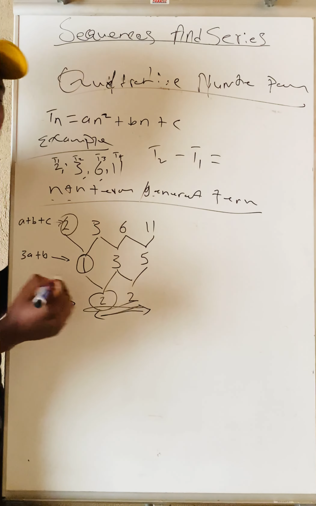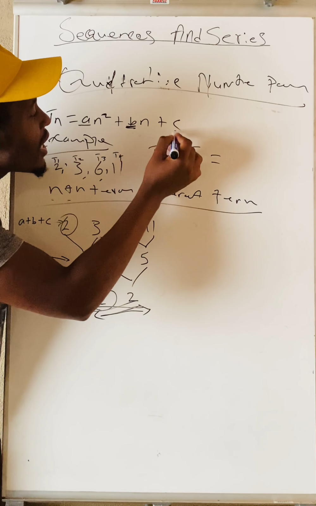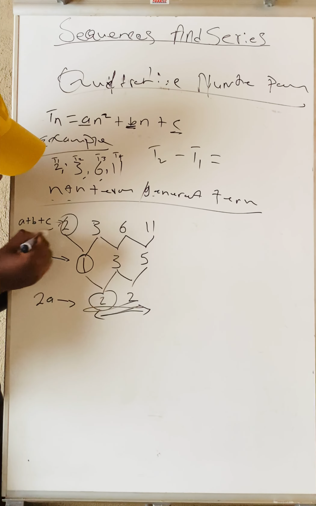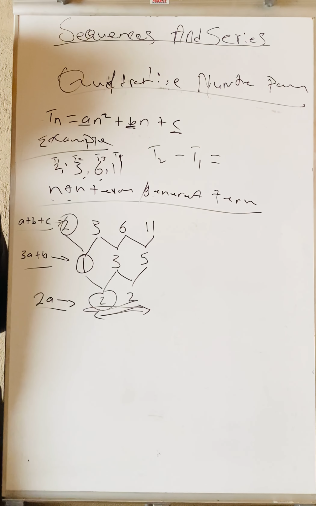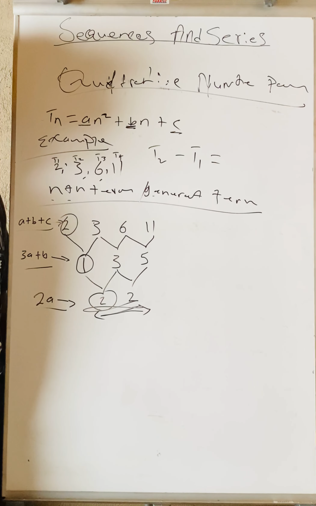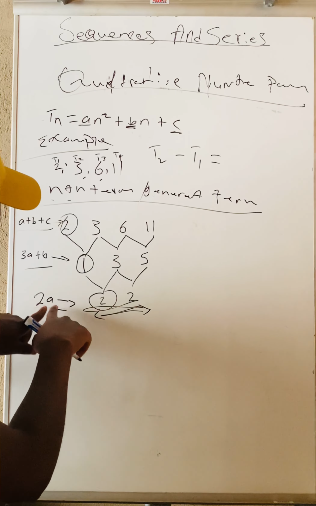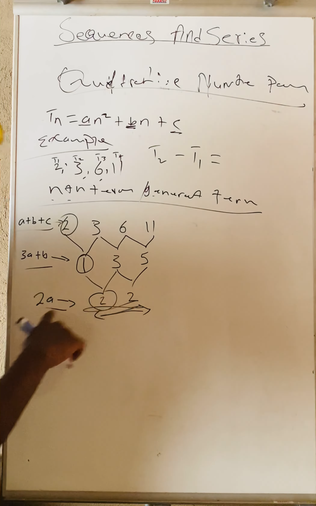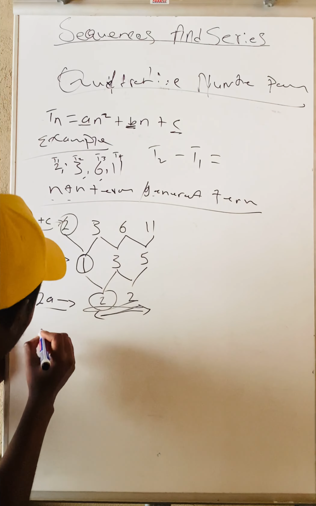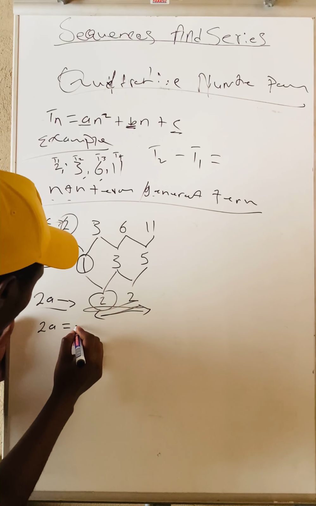Firstly, you need to determine what A, B and C are. By using these formulas, you will get those variables. Then you can determine your general term. Let's do it. We said 2A goes with the common difference, so 2A is equal to 2.